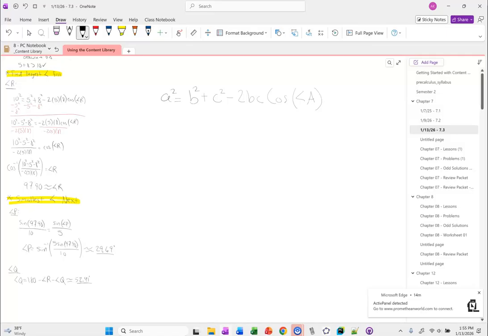So we subtract over the b squared and c squared. Right? We divide over the negative 2bc. Now, if I look at this fraction, I have a bunch of negative signs in it.